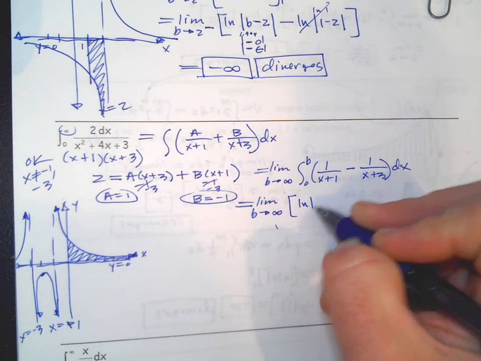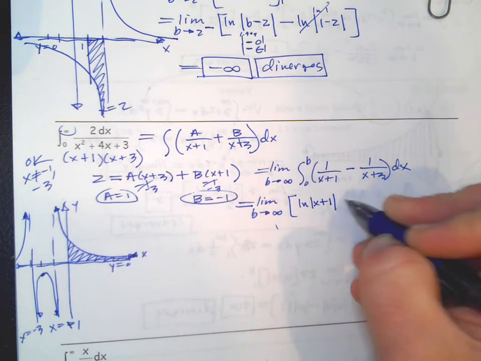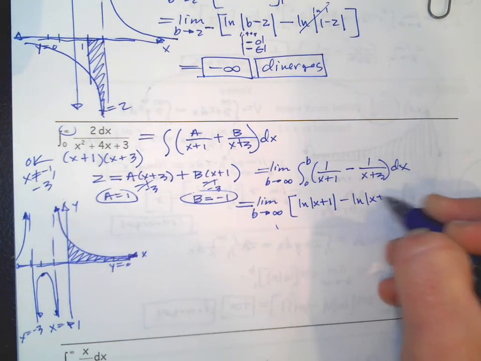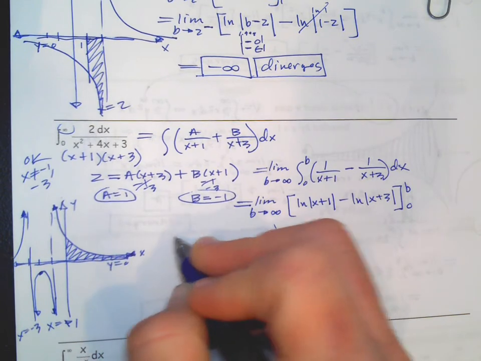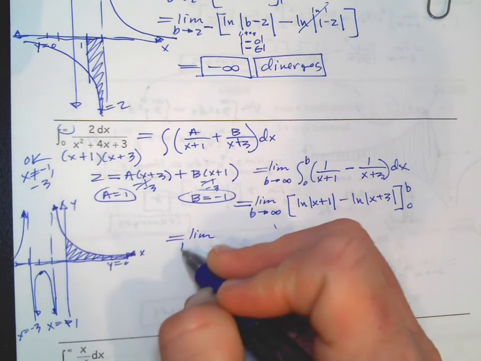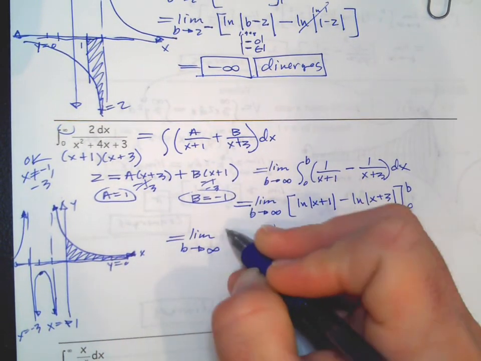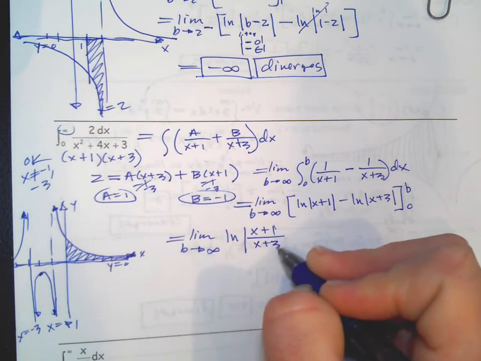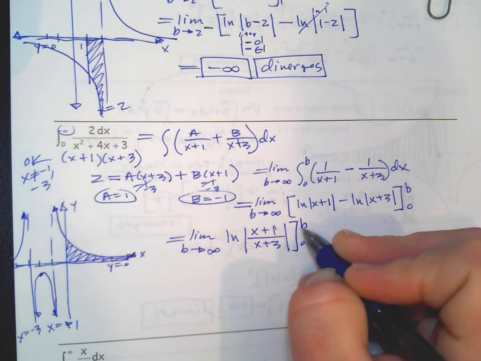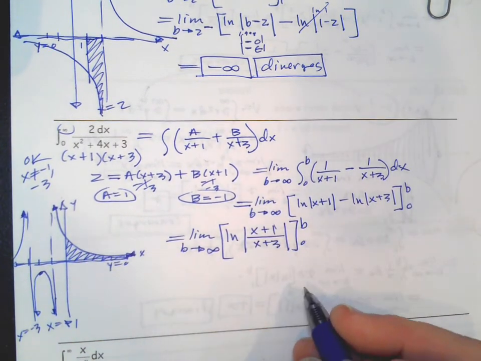Natural log the absolute value of x plus 1 minus natural log the absolute value of x plus 3. I would write those together. Natural log the absolute value of x plus 1 over x plus 3. And then we need to plug limits in.